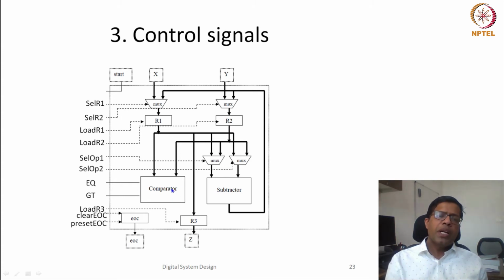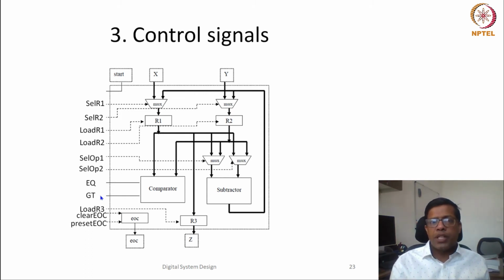So the comparator would generate, let's say, two outputs: one is equal, another is greater than. This equal and greater would be given as an input to my state machine. Then for EOC, let's say there are two signals, one is clear EOC and another is preset EOC.